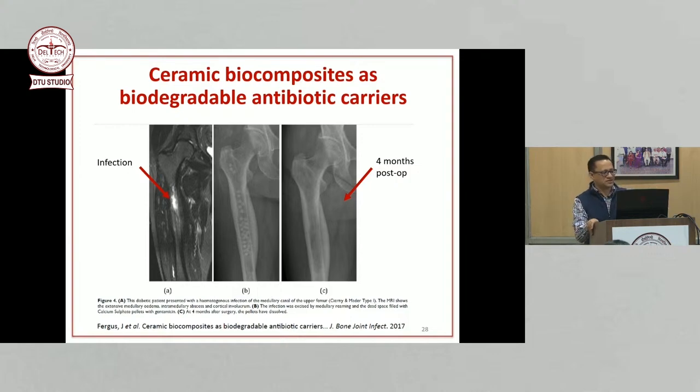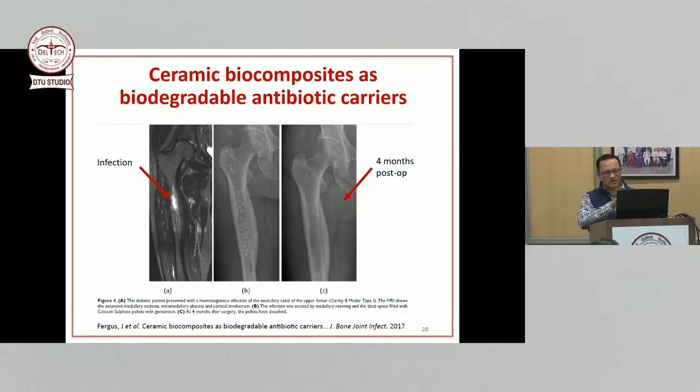Here is a paper if you are interested, where there was an infection in a bone, and they removed the infected part and put in some biodegradable antimicrobial filler, we can read it here, calcium sulfate pellets with gentamicin. So they put antibiotics in those fillers, and then over a 4-month period those fillers degraded while releasing the antibiotic, right?